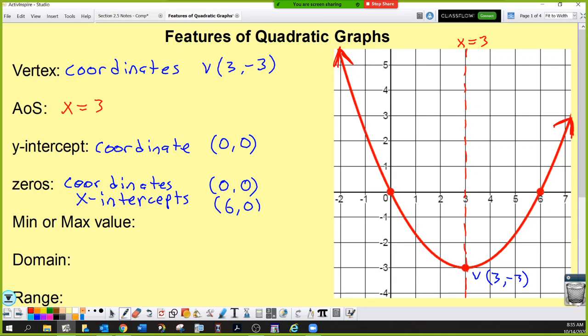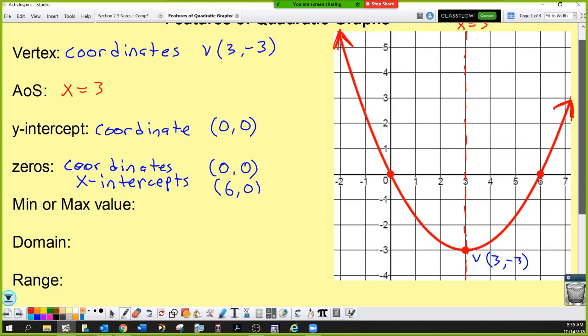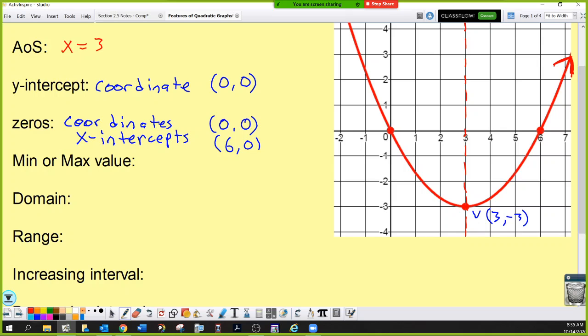Does it have a top then? No, it points up forever. It never has a top, quote unquote. Points up forever. It does not point down forever though, which means this graph has a minimum. It has a bottom that it never goes below. Since it has a bottom it never goes below, we say this graph has a minimum.